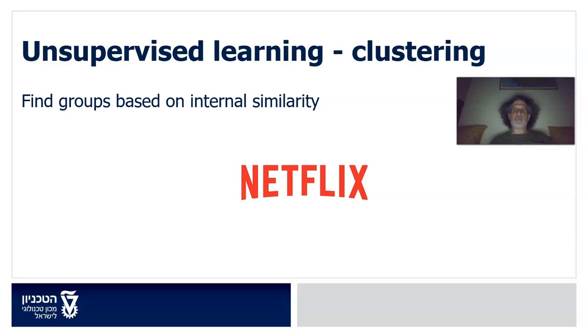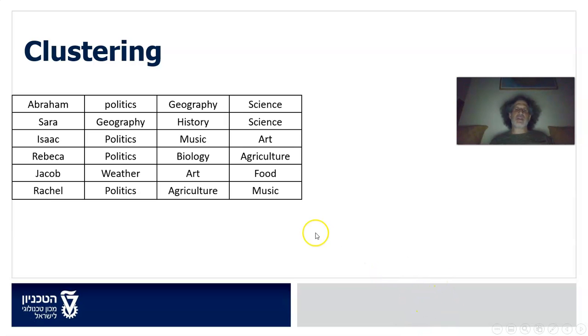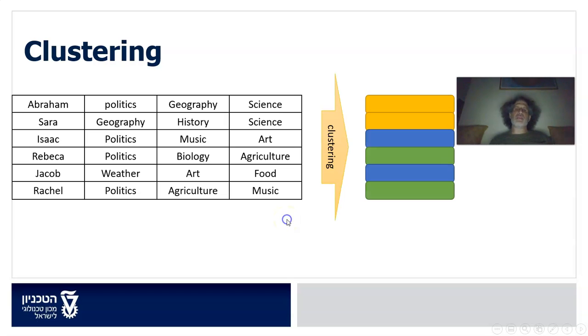If Netflix wants to find the most recommended movie for me, they will see who are similar customers who watched videos similar to what I've already watched, and they will recommend videos that others watched, customers that are similar to me. So we have our customers, and we know what kind of movies they watched, and the algorithm is building us clusters, and we don't really know the meaning of each one of the clusters.